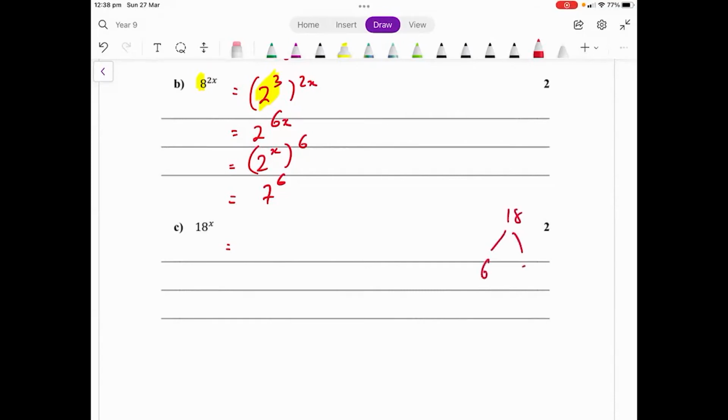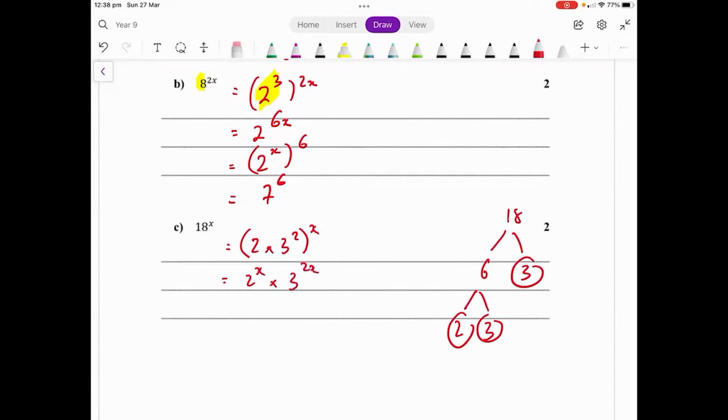Question C is 18 to the power of x. Well, I need to split 18 up into powers of 2 and powers of 3. And I do that by using prime factorization, or factor trees. When I do that, I get 2 times 3 squared. So I'm going to replace 18 with 2 times 3 squared and leave the x on the outside of those brackets.